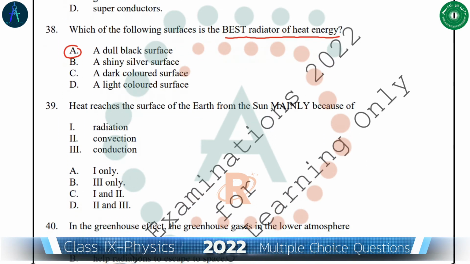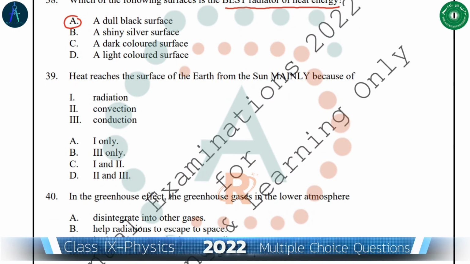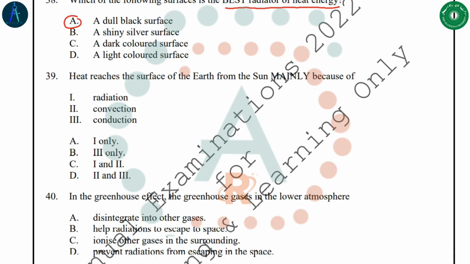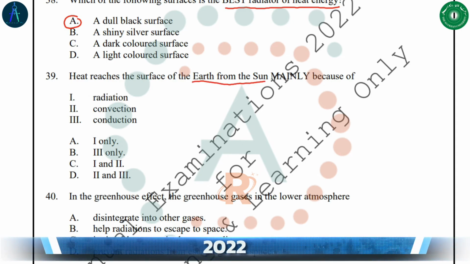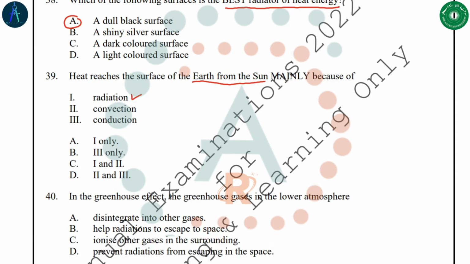Then we have question number 39. Heat reaches the surface of the earth from the sun mainly because of which process? We know that there is no medium present between the earth and the sun. This means that radiation will be the main process through which heat reaches the upper atmosphere of the earth.